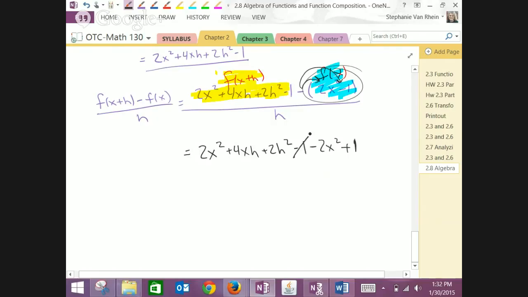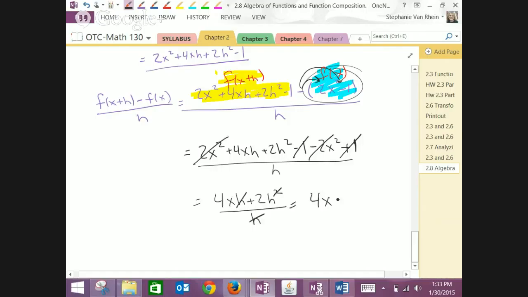This minus 1 and plus 1 cancel. This minus 2x squared cancels with this plus 2x squared. I'm only left with 4xh plus 2h squared over h. That cancels, and I'm left with 4x plus 2h.